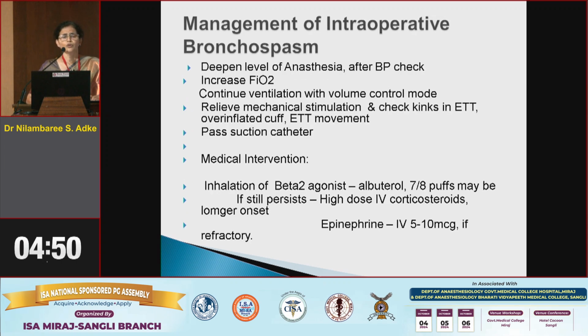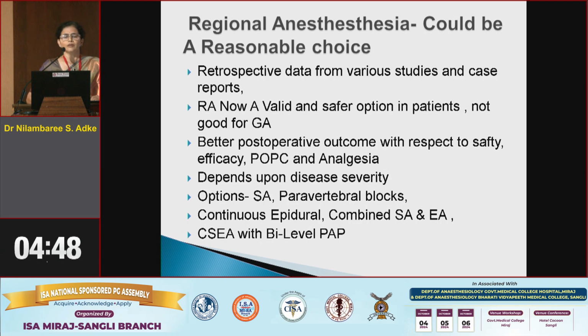So that is intraoperative bronchospasm. Nowadays, one more regional anesthetic technique is coming up with several retrospective and multi-center studies, and that is segmental spinal, which can be a promising option. Here we can go with isobaric bupivacaine along with 0.5 cc of hyperbaric bupivacaine combination at the T7-8 level, which can give you adequate analgesia at that level.